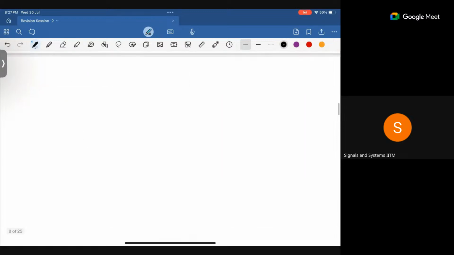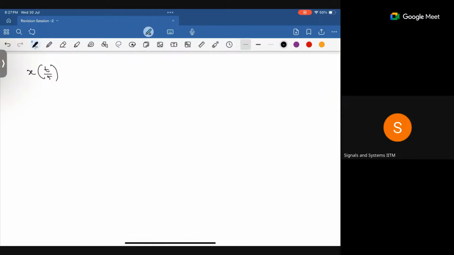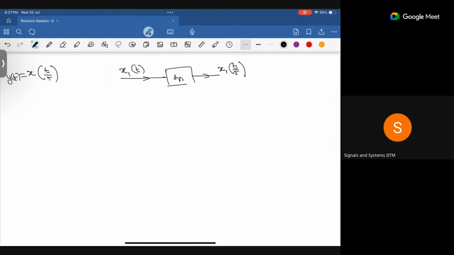What shall we do? Okay. So x of t by 5 is our output. Right. So if I input one input to the system, this is how we check. Our output will be x1 of t by 5.